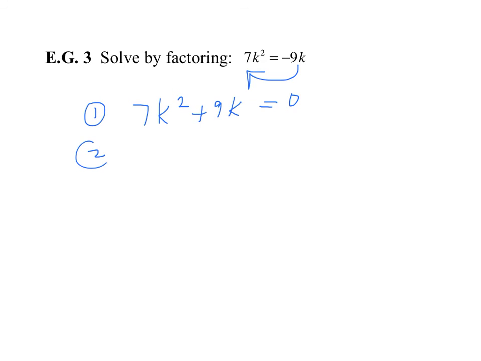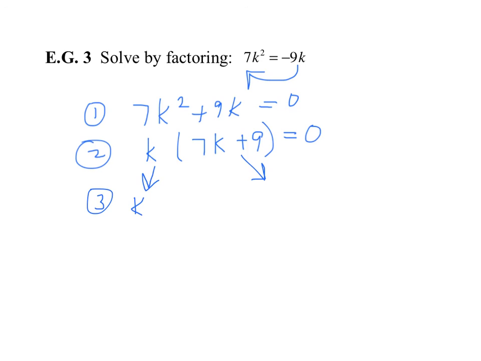Step 2 is the factoring step, which I noticed that with 7 and 9, I don't really have a common value other than 1, but I do have k as a GCF, so k can be factored out, leaving k times 7k plus 9 equals 0. Notice we're still equaling 0 here because we're just taking this and writing it in a different way. We're writing it in 2 factors. Then we set up each of these for step 3 to solve. Set up this factor, set up that factor.